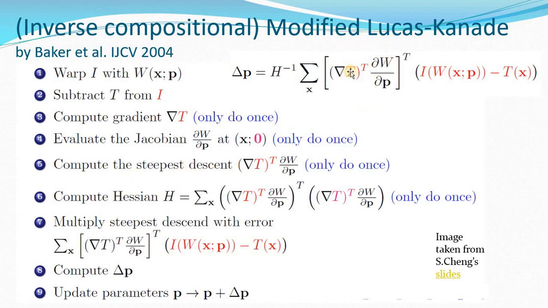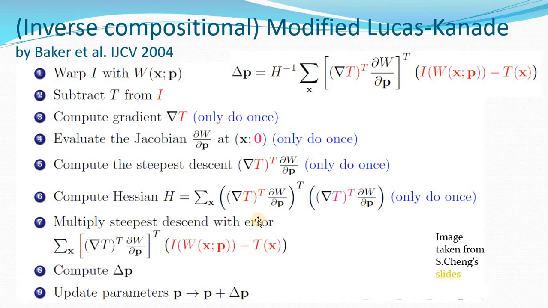So that is this particular thing. You have the Jacobian, you have the gradient, so you can evaluate this thing and just keep it, do it only once. Next, compute the Hessian. This particular thing H you can compute like this and do it only once.